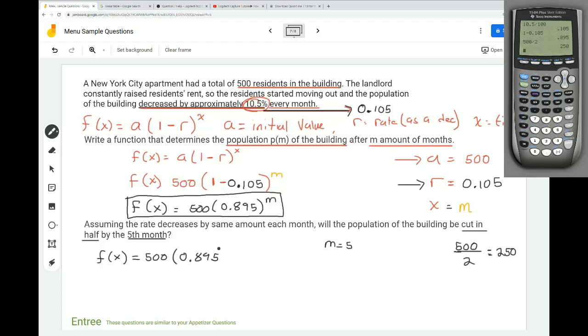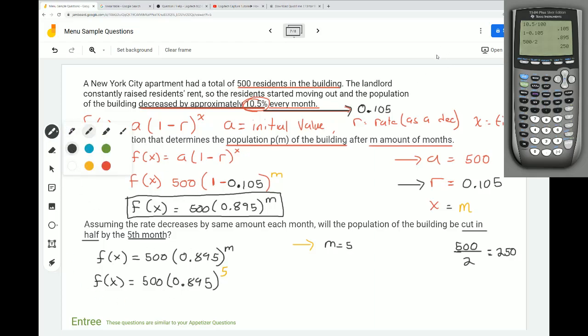First, I'm going to rewrite the function to the m power. Now we're going to plug in our value for m. So the function of x is equal to 500 times 0.895 to the m power. So m is 5, so to the 5th power.